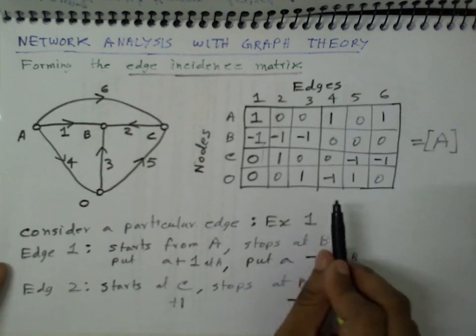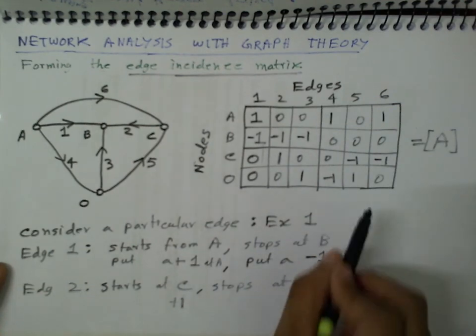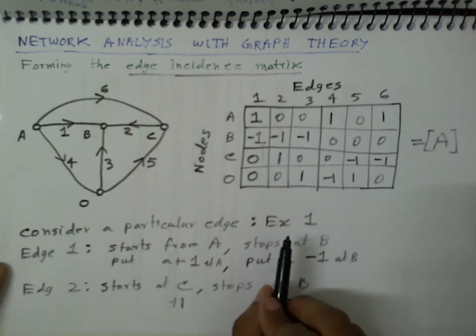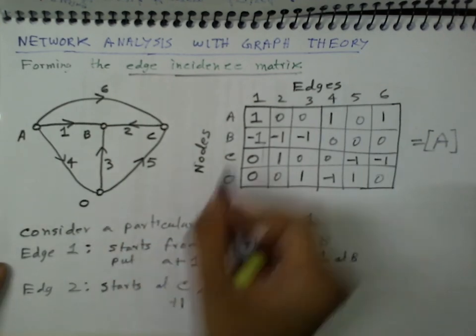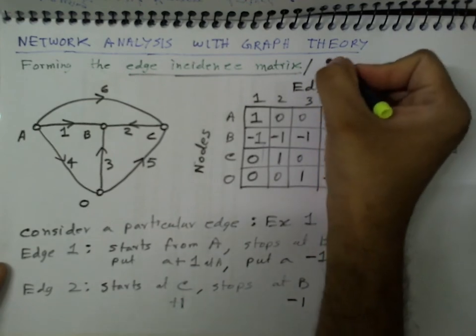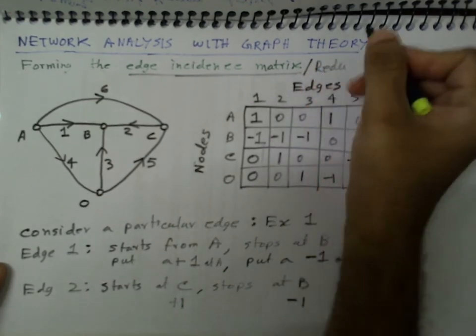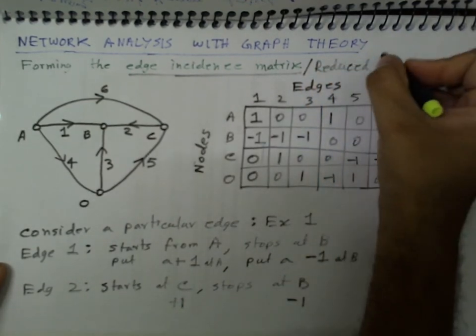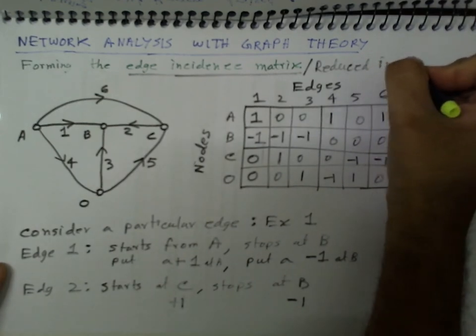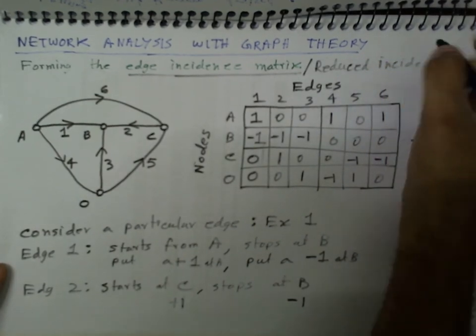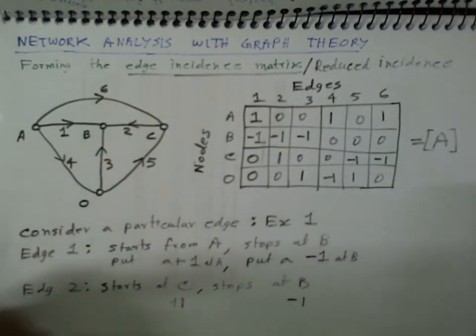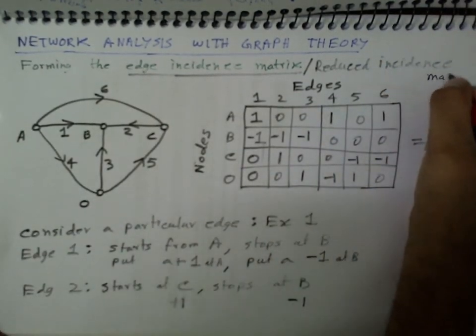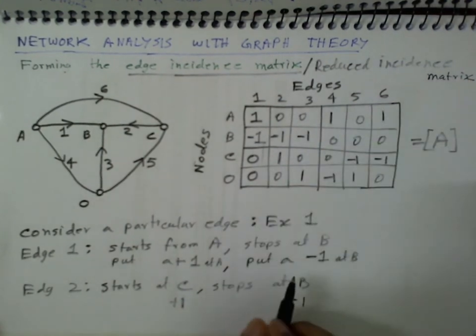Now, as a continuation to this talk, I just add one more definition, which is called the reduced edge incidence matrix or reduced incidence matrix. Okay, so what is that?